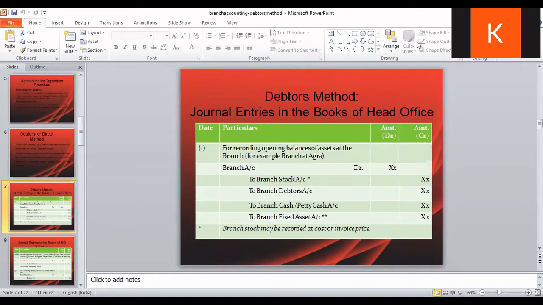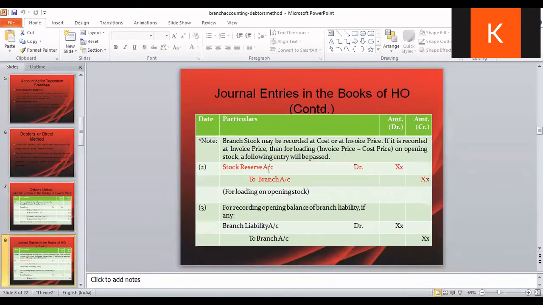Okay, fine. Now, the next entry is for recording the liabilities. See the entries in red. We'll take it later. In the last lecture I also told you that goods can be sent to branch in two ways: at cost price, and at invoice price.